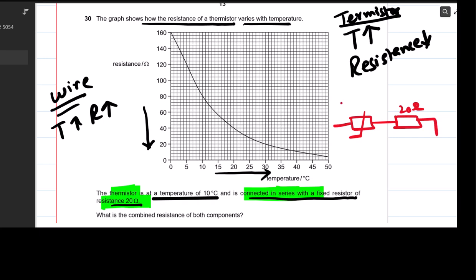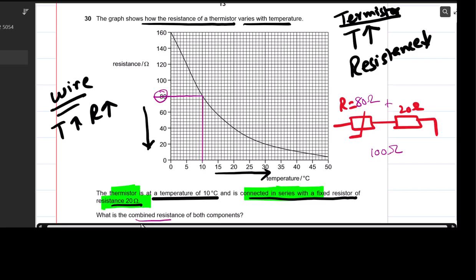We know temperature. So you have to go straight from 10 degrees Celsius till here, then move from here till here. It is 80 ohms. It is in series, so it becomes add. So it becomes 100 ohm because they are finding the combined resistance of both components. So D is the right option.